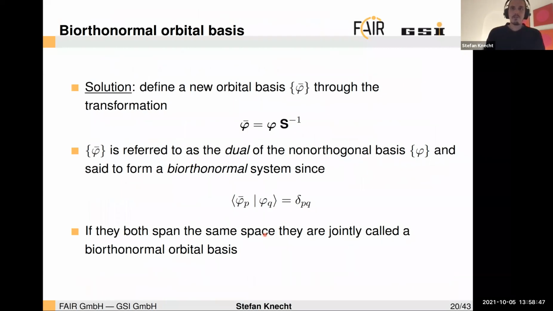So we can actually define a new orbital basis through a transformation given as here, where the new basis phi bar is referred to as the dual of the non-orthogonal basis phi. And they are said to form a bi-orthonormal system because now this overlap equation here holds.